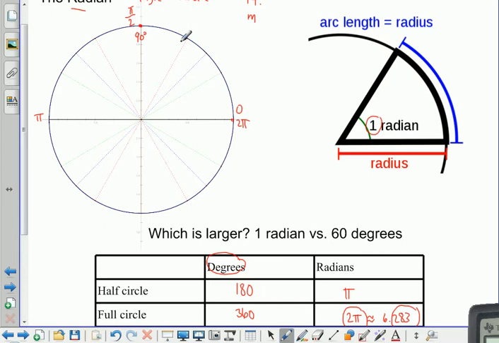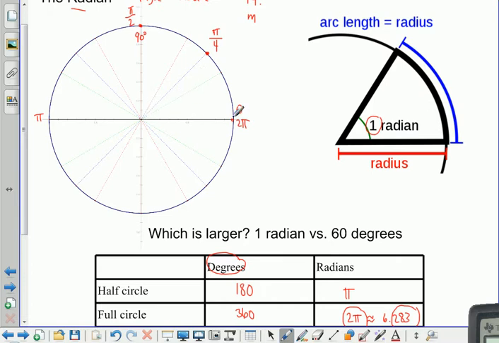So the next easy one would be right here. How many radians would that be? Pi over, take this and cut it in half. Pi over 4. Okay. Any questions? I just cut this in half. Each one of these is pi over 4.